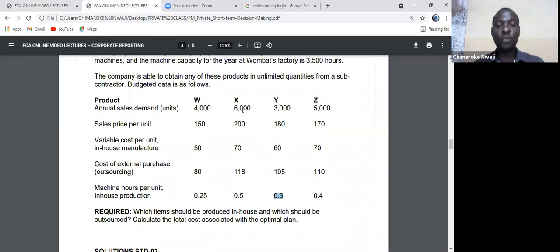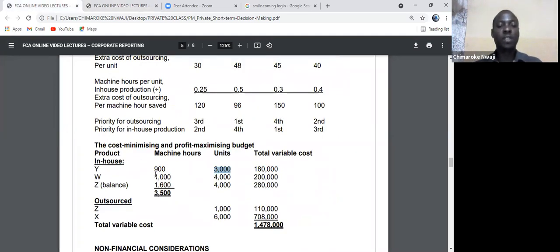So we move to W. W is the second option for us. We have 4,000 units and we are taking 0.25 to do each. So 4,000 multiplied by 0.25 gives you 1,000 hours.